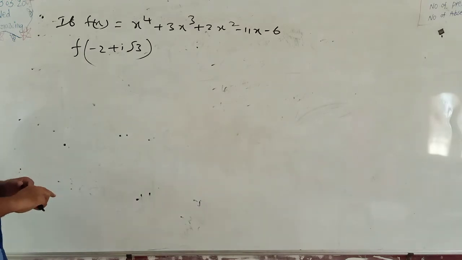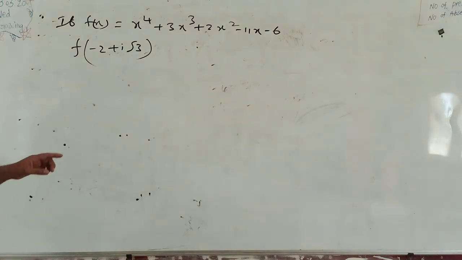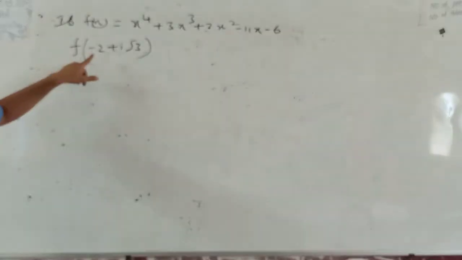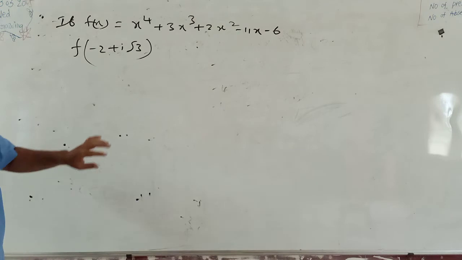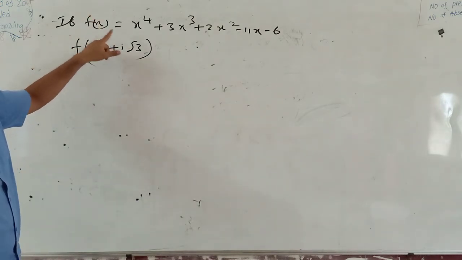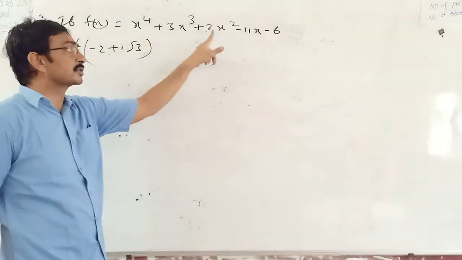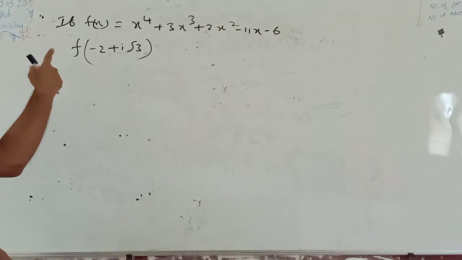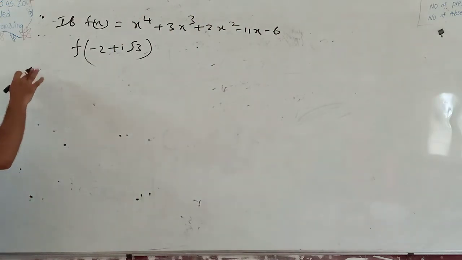The question is asked differently. If f of x is a fourth degree expression, the value of f of minus 2 plus i root 3 is nothing but: if x is minus 2 plus i root 3, then the value of x power 4 plus 3x cube plus 2x squared minus 11x minus 6. So the above problem and this problem are the same.